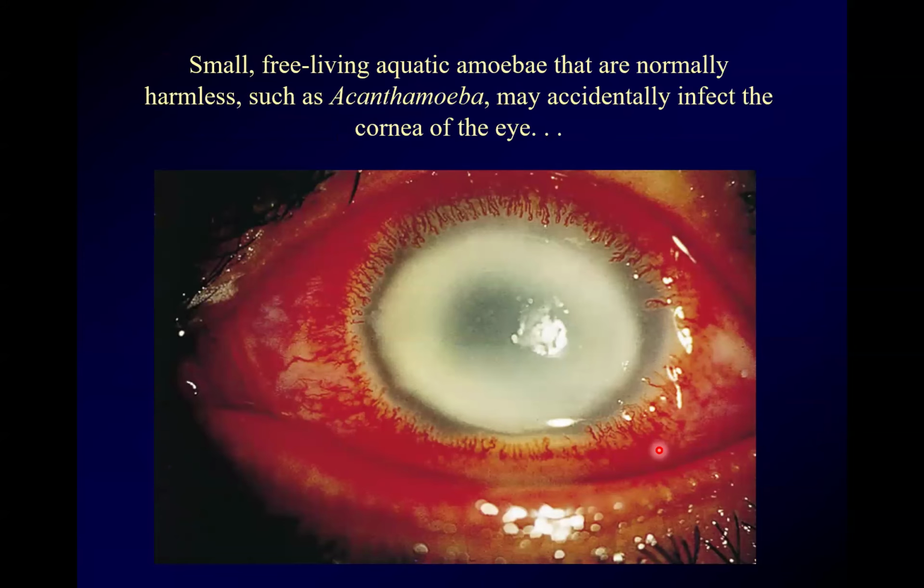And if they get into your eyes, they can infect your cornea. That's an eye with a serious acanthamoeba infection going on. This could cause permanent blindness. This guy may well need a corneal transplant.